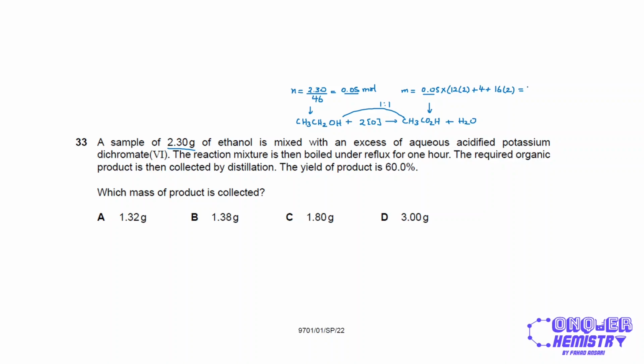All of this gives us 3 grams. So this is your theoretical yield. Now the formula for percent yield is the actual yield divided by theoretical yield times 100%. So if I plug in the values, this is 60, actual yield is unknown, theoretical is 3 times 100, and so X turns out to be 1.8 grams, and so it's going to be option C.